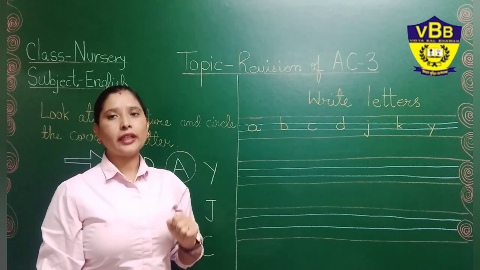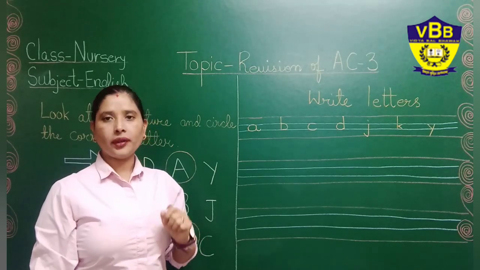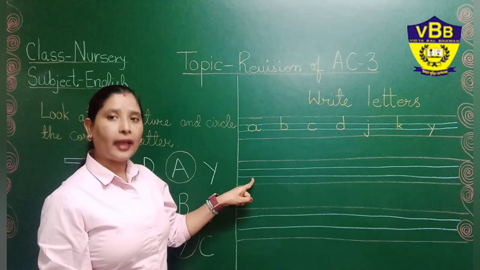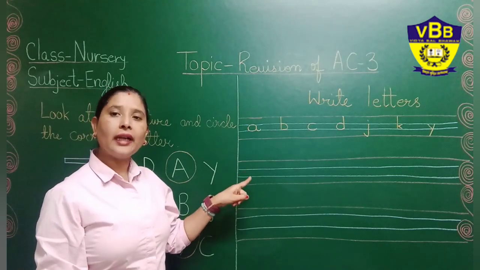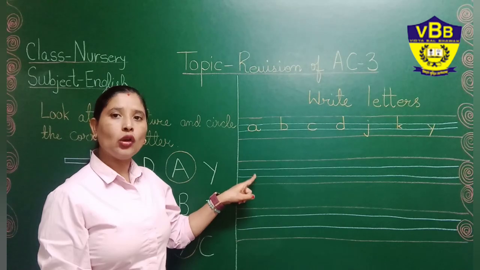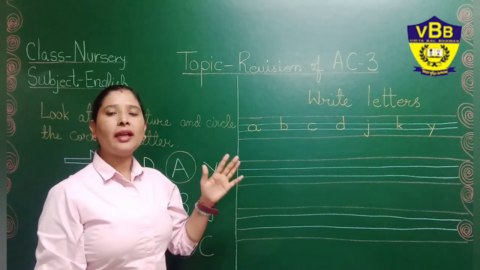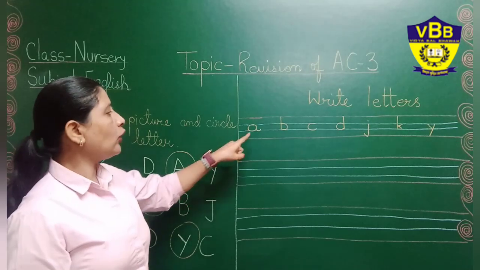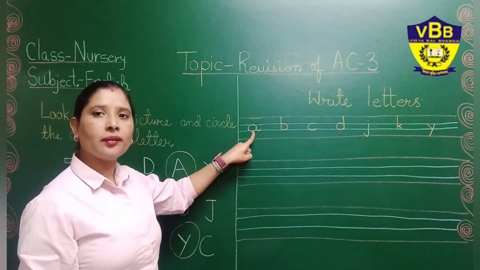So today we are going to learn how to write small letters. My little tiny toes, to write a small letter we use the second and third line. So we use the blue color line to write small letters. So let's start. Can you tell me which letter is this?